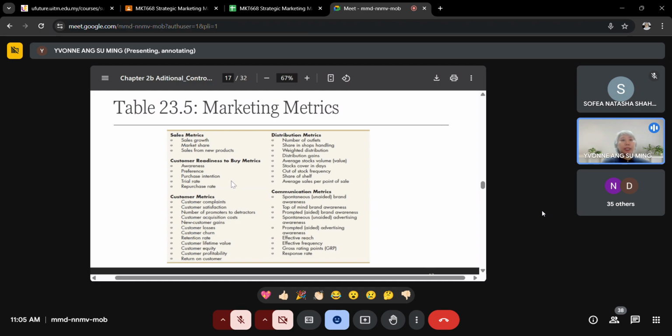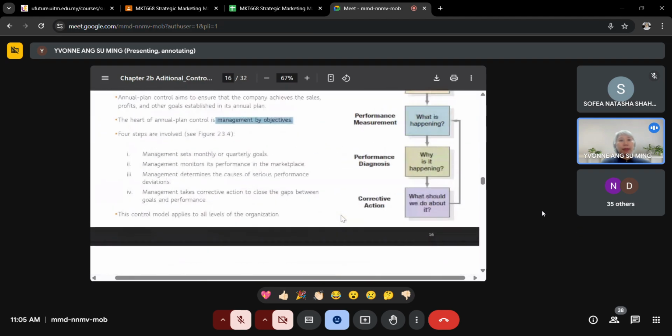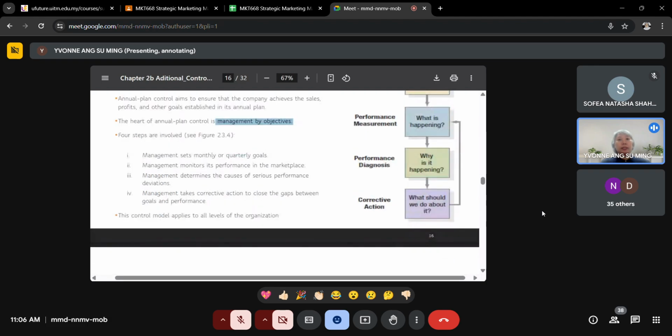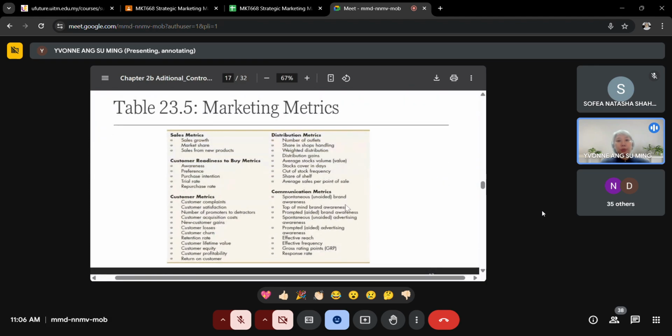So the catch here is that when we look at the metrics, we want to select the metrics that correspond back, ataupun dia match balik dengan dia punya objektif dan juga dia punya goal. So, sekiranya goal dia adalah kita nak sales naik by 1%, maka bila kita pilih metrics tu, naturally, antaranya akan ada sales metrics.